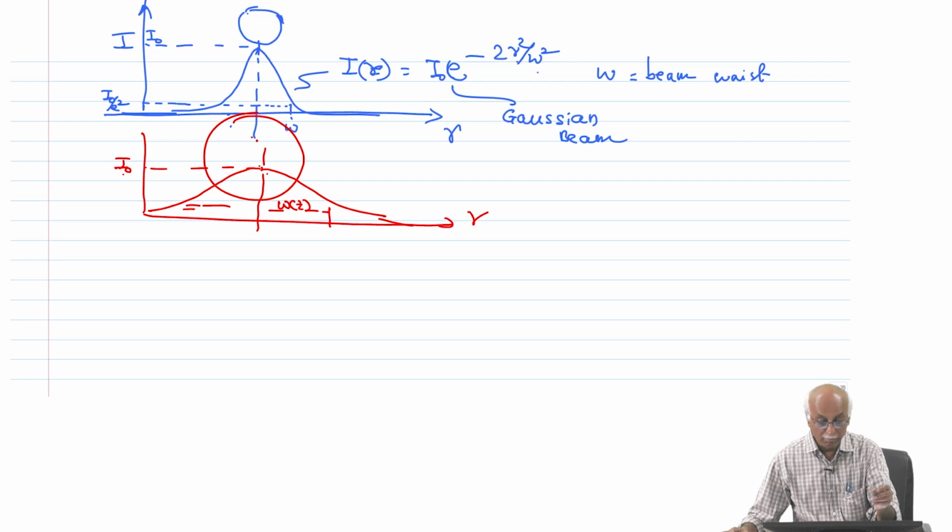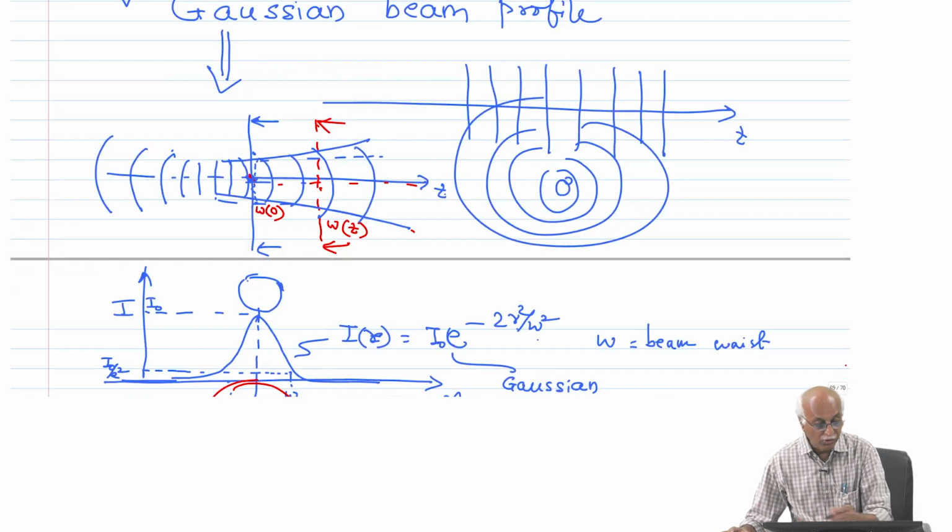At the position where we observe the minimum beam waist, which is at z equal to 0, this is known as the beam waist.